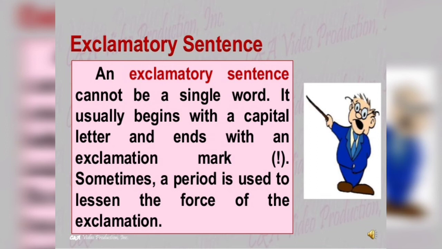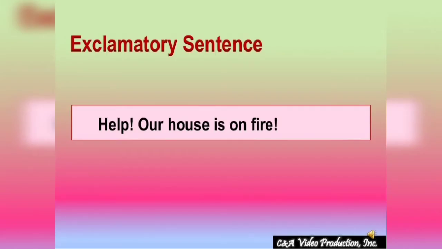Now let us try to understand this by reading by ourselves, and surely I am going to explain what this means. So we need to remember, it cannot be a single word. It usually begins with a capital letter and ends with an exclamation mark.